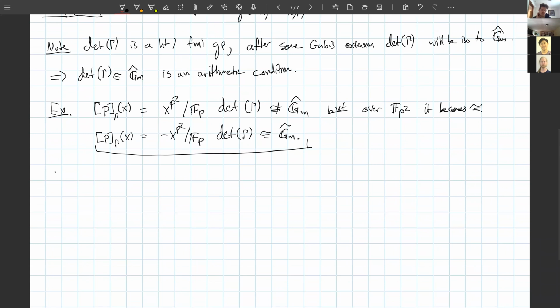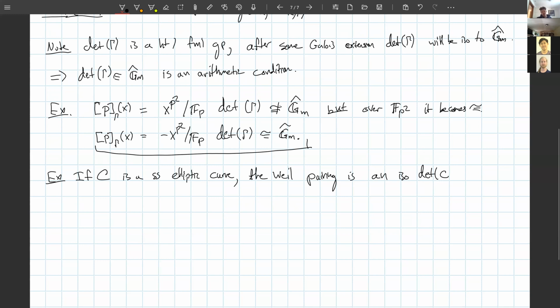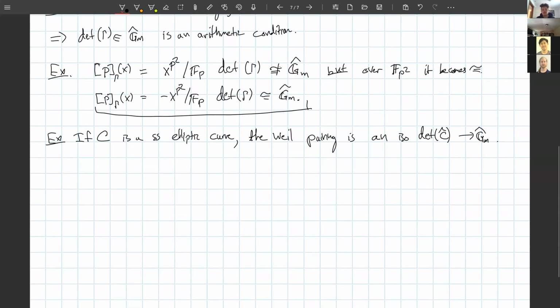As an example, if C is a supersingular elliptic curve, then the Weil pairing is an isomorphism from the determinant of C to G_m.